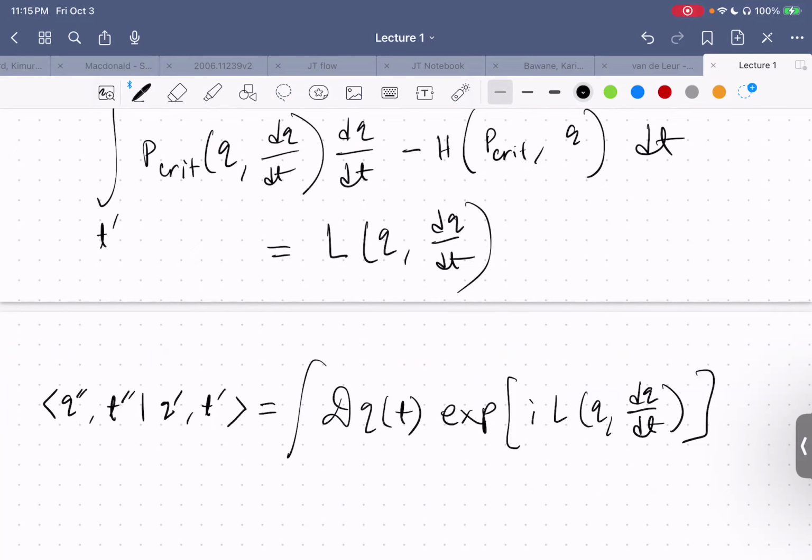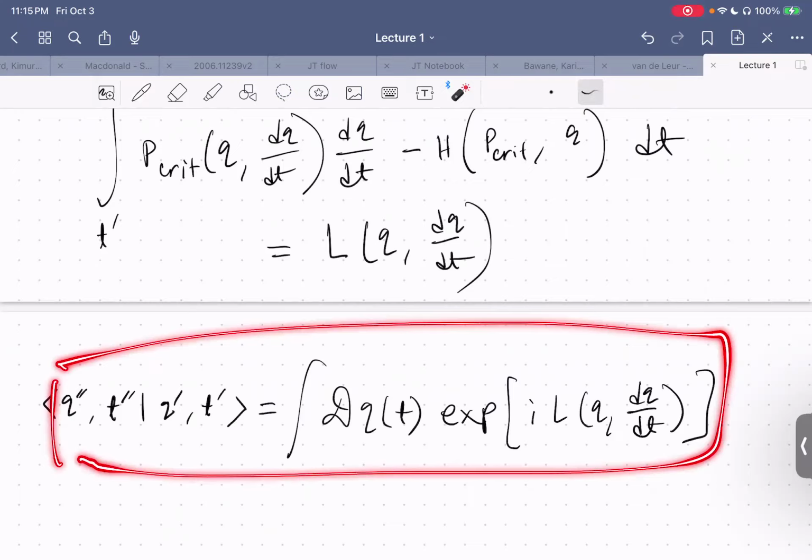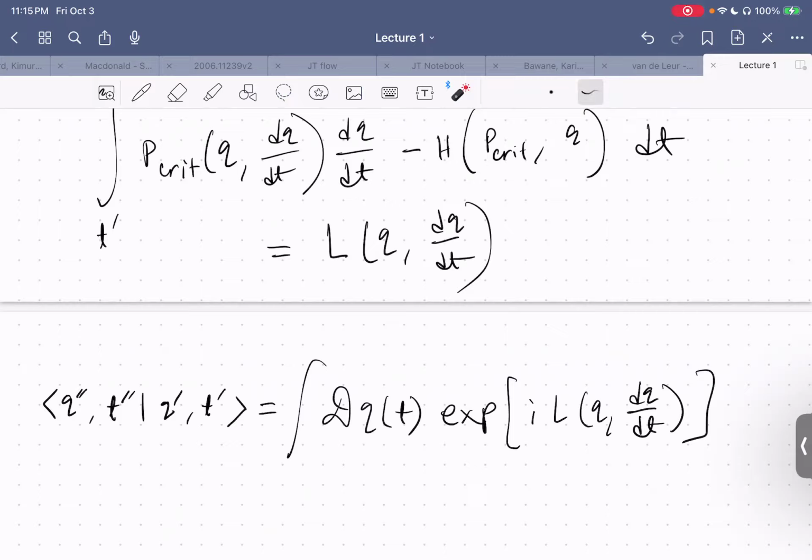Okay, this with the assumption that our Hamiltonian is quadratic in momentum and the coefficient of the quadratic term does not depend on position. That's it. So this is the expression that we have. This is the simplest expression that we have of this transition amplitude without specifying further about the details of things.